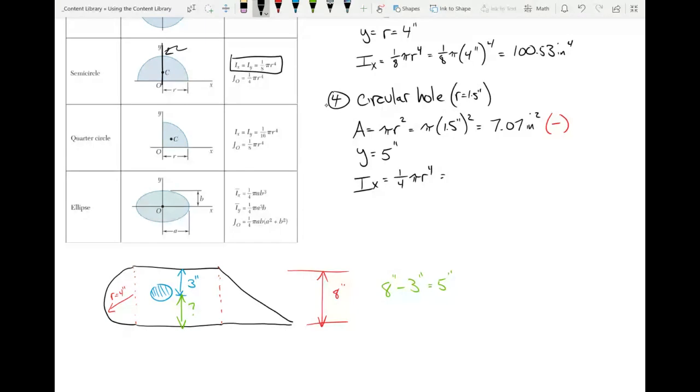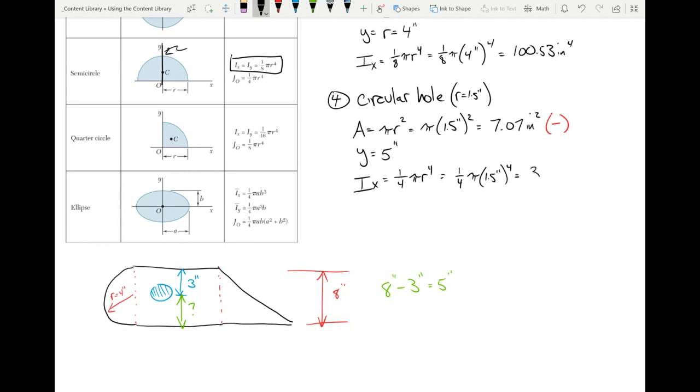Okay, so this is 1/4 pi. That's 1.5 inches to the 4th. And so let me know what this equals. 3.98.